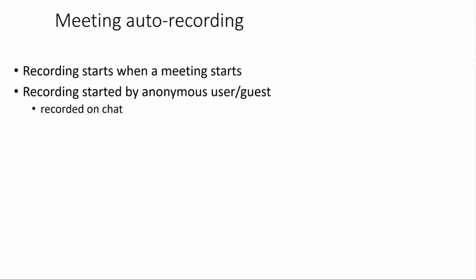Those recordings exist only in the chat, not in OneDrive or in SharePoint, and they expire in 20 days. So you have 20 days to download such a recording from the meeting's chat. That's quite important, I think, and unexpected.